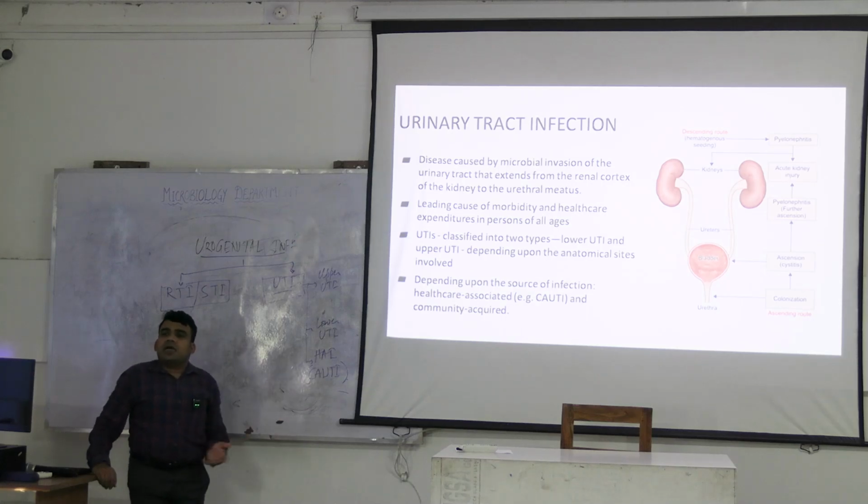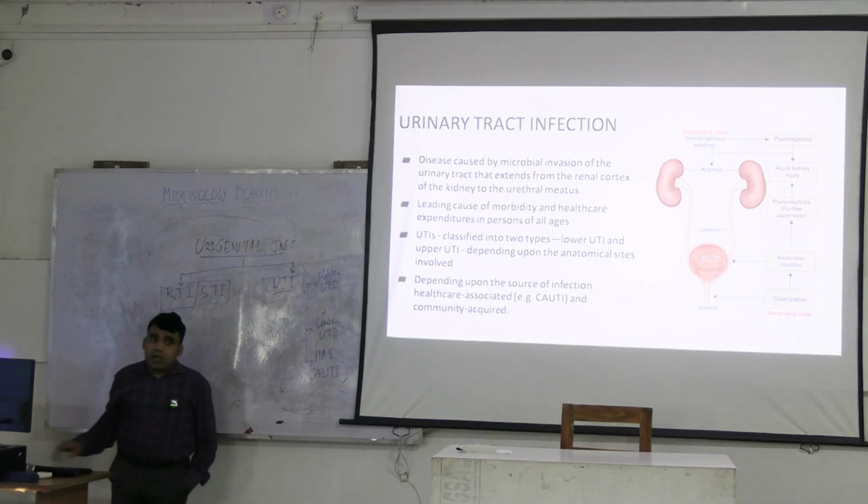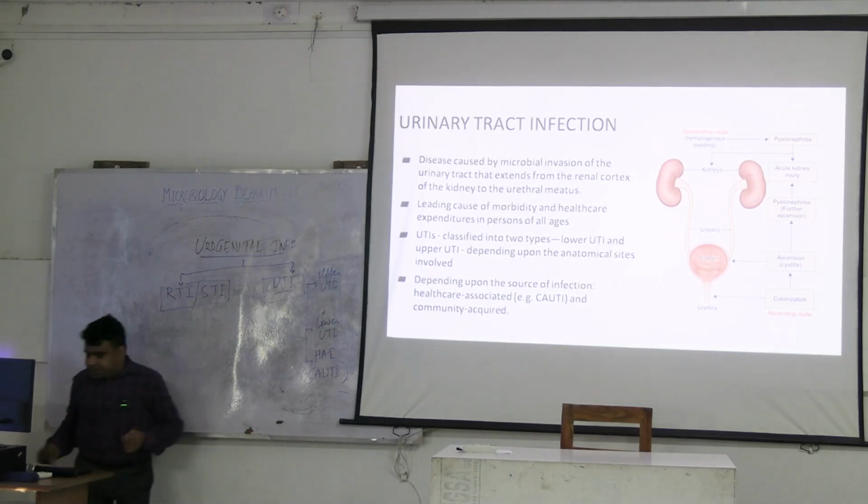This is basically a healthcare associated infection seen in patients who have undergone urinary tract catheterization, and that catheter must be placed for a time period of at least 48 hours. We will discuss CAUTI later on. In today's discussion, we will restrict ourselves only to the upper and the lower urinary tract.